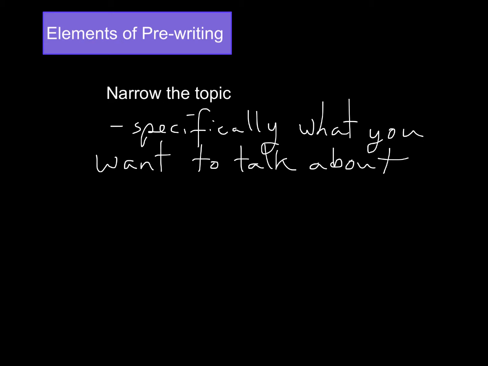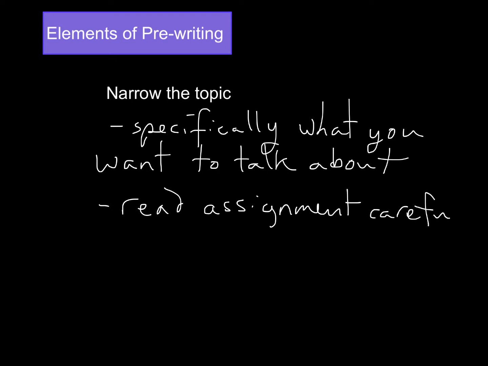If you're writing a school assignment, then it's really important at this point to read the assignment carefully, and make sure that what you're planning to talk about and your purpose clearly reflect the task that you've been given.